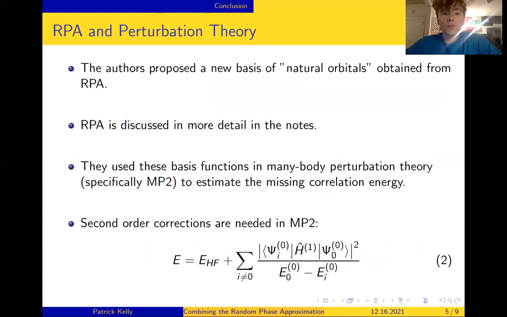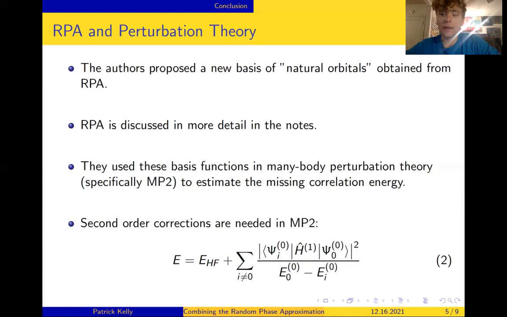So the authors proposed a new basis of what they called natural orbitals from this RPA. There isn't enough time to discuss this in a 5 to 8 minute presentation, but I talk a little bit more about it in the notes on Canvas, about what it is and its motivation.